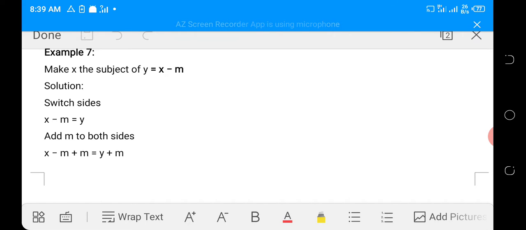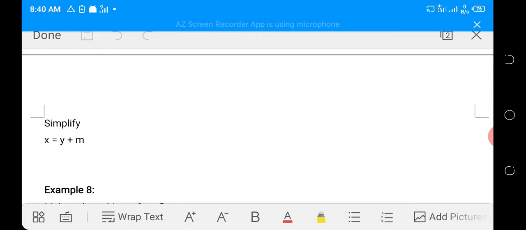To undo the subtraction, we are going to add m to both sides. And this is going to give us x minus m plus m is equal to y plus m. When this is solved, we have x is equal to y plus m.